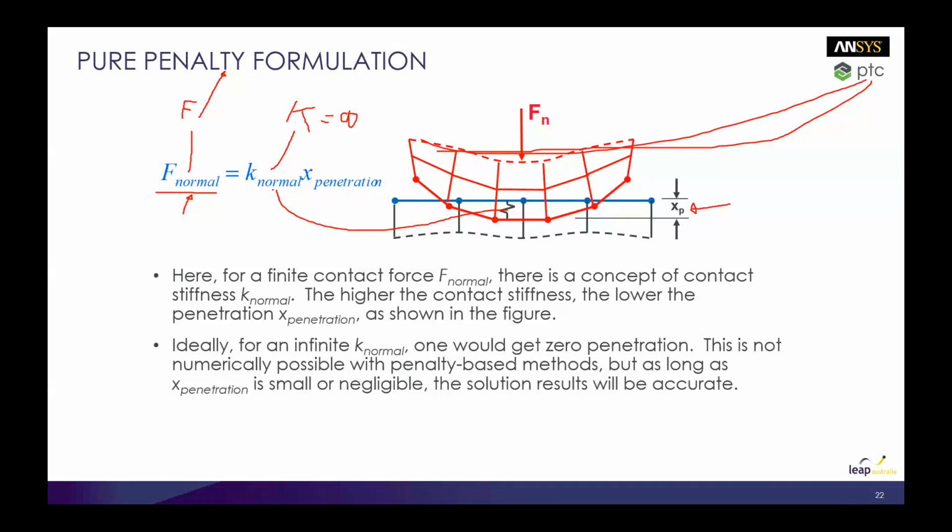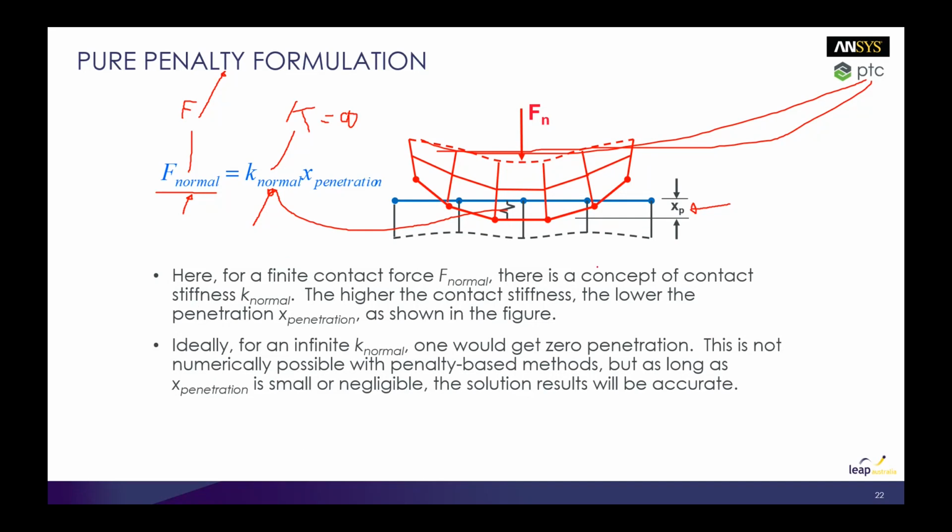We can fine-tune this normal stiffness, because this isn't something you can physically go and measure. It's going to be different for different situations. If you change the mesh density, the ideal value for the normal stiffness will change. If you have different materials, it will have a different value.